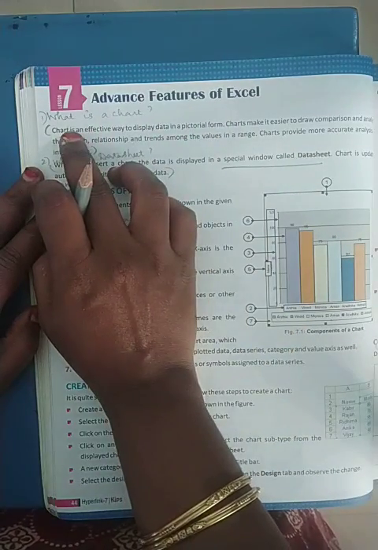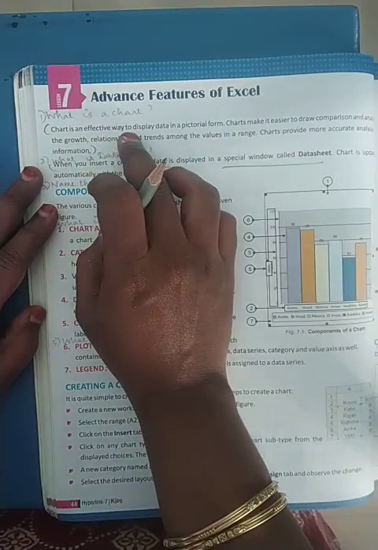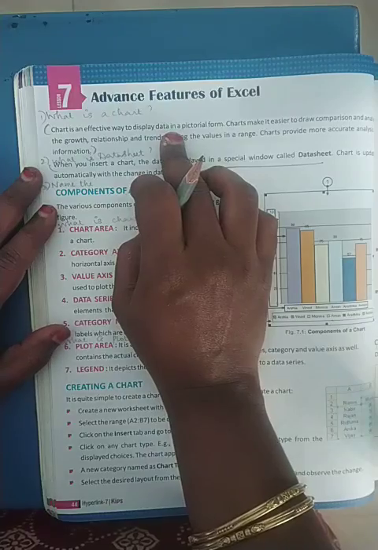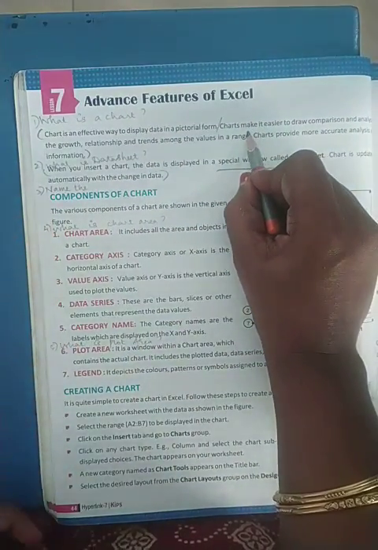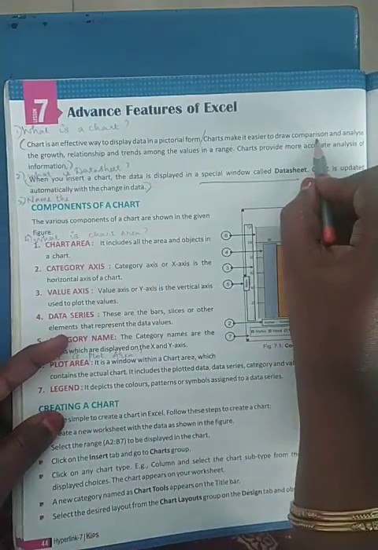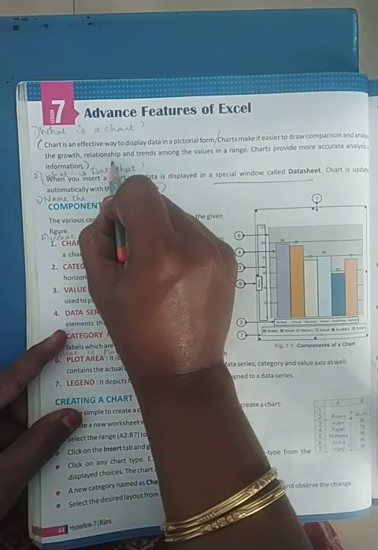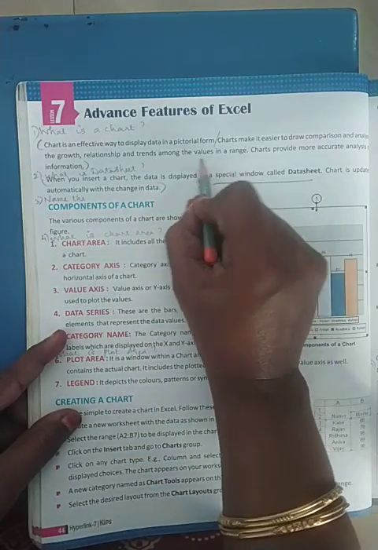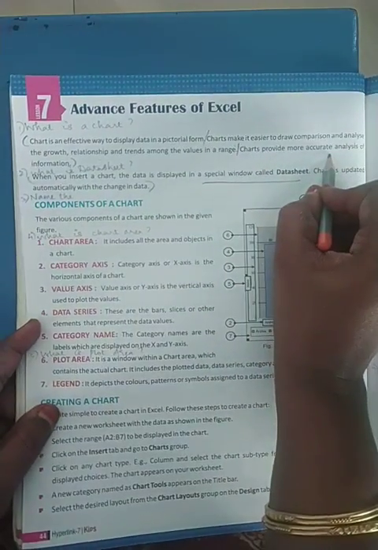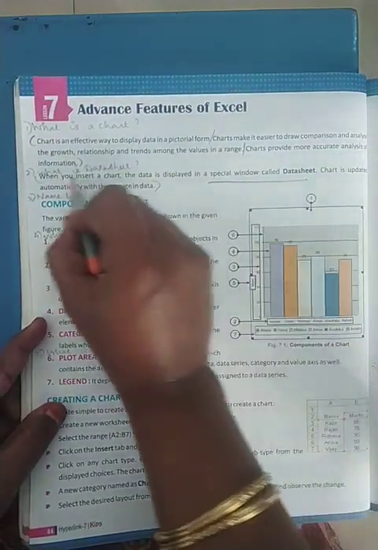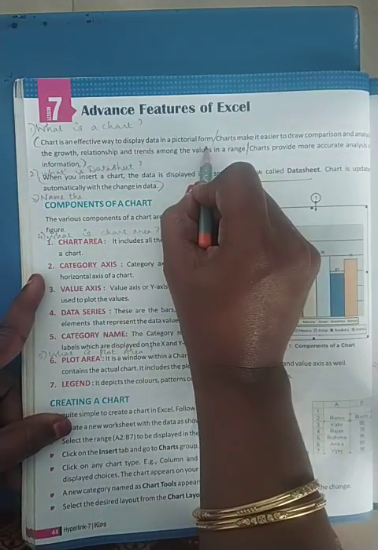Here the first question is, what is a chart? A chart is an effective way to display data in pictorial form.